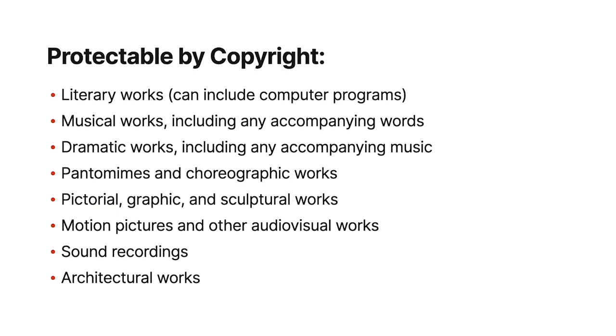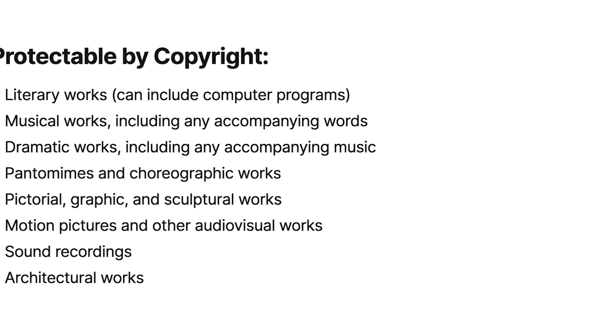As I mentioned, one of the categories that you can seek registration in at the Copyright Office is literary works, but we also have categories including musical works, which can include any of the accompanying words, dramatic works, including any accompanying music, pantomimes and choreographic works, pictorial, graphic, and sculptural works, motion pictures and other audiovisual works, sound recordings, which are works that result from the fixation of a series of musical, spoken, or other sounds, as well as architectural works.